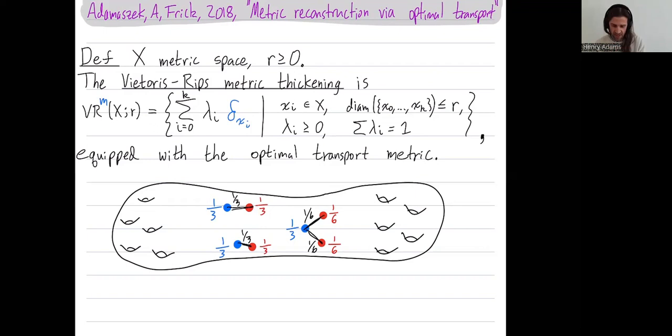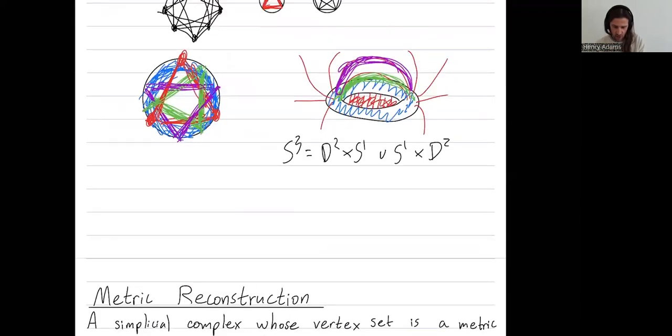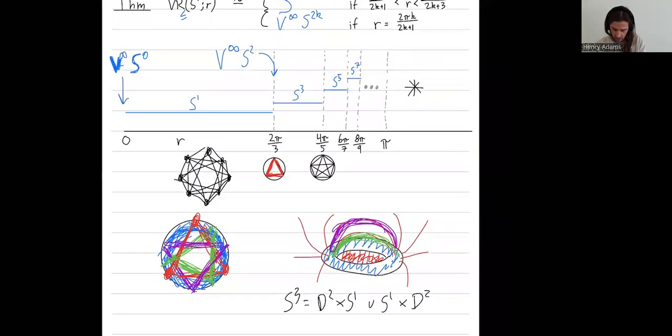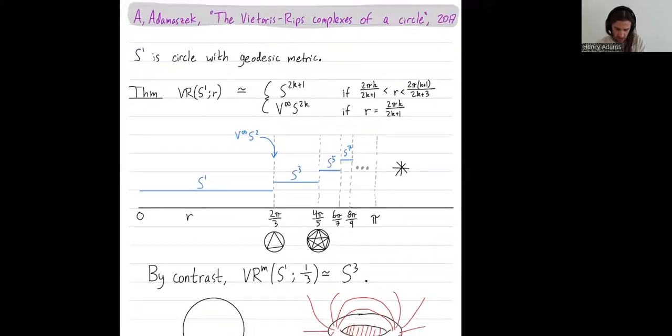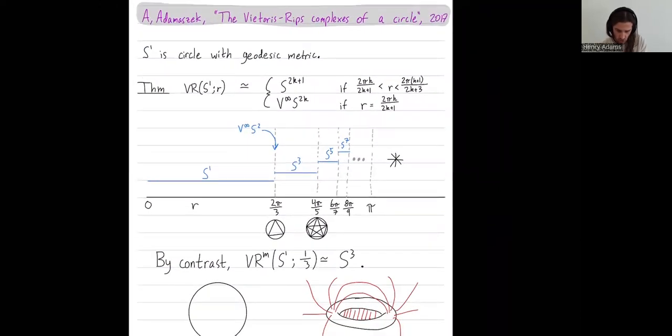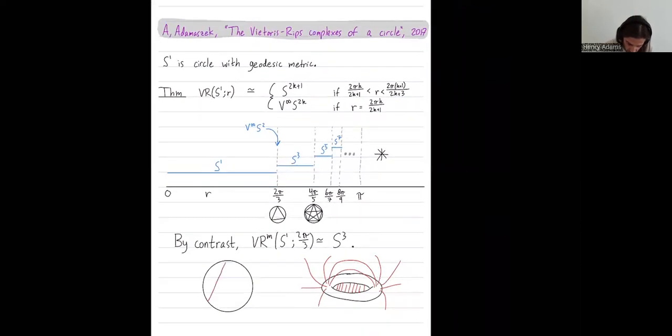And the reason why this is beneficial for us is going back to this picture now. Let me change slides. Going back to this example on the circle, with the new metric, and this should be 2 pi over 3. With this new metric at scale 2 pi over 3, I get the 3-sphere immediately, okay? And the point being, I might have one equilateral triangle in red. I might have a nearby equilateral triangle in purple.